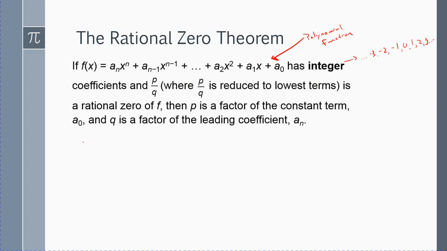Basically what this is saying is, if f of x has a rational zero, a rational number, a number that looks like a fraction, we'll say p divided by q, then it turns out, believe it or not, that p is a factor of the constant term, that's a sub 0, the constant term at the end.